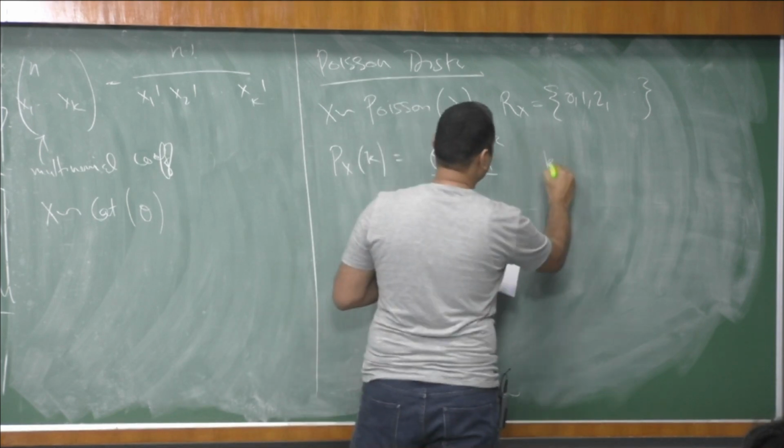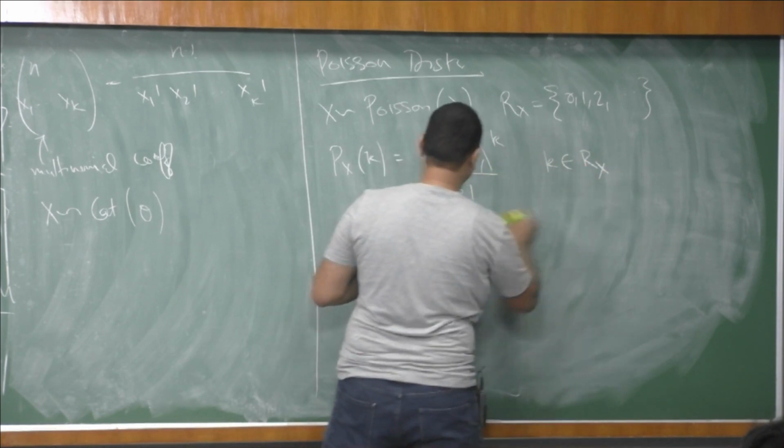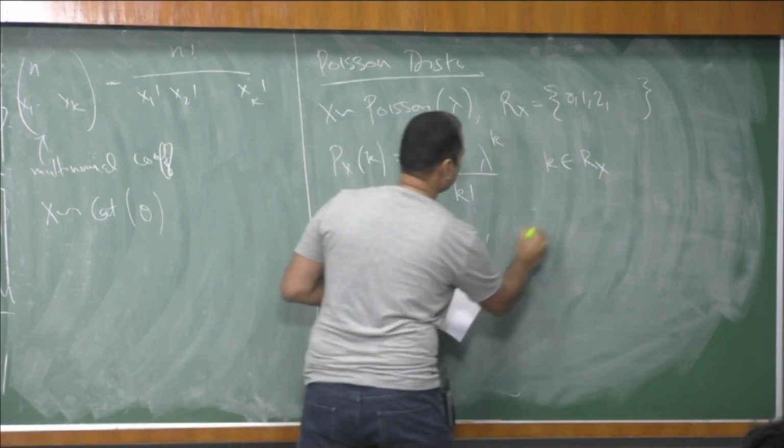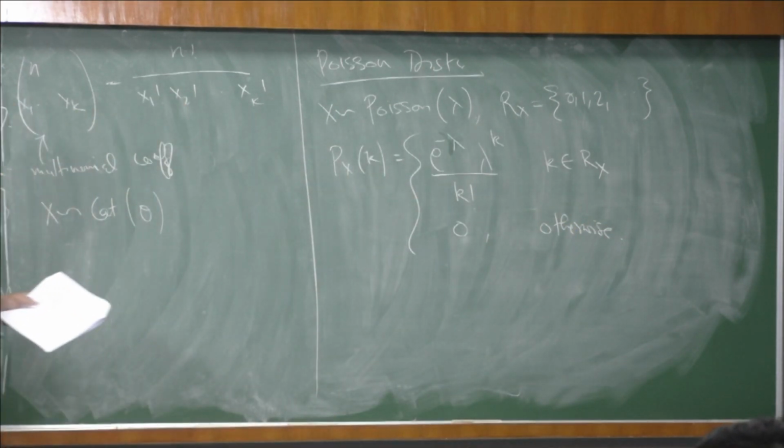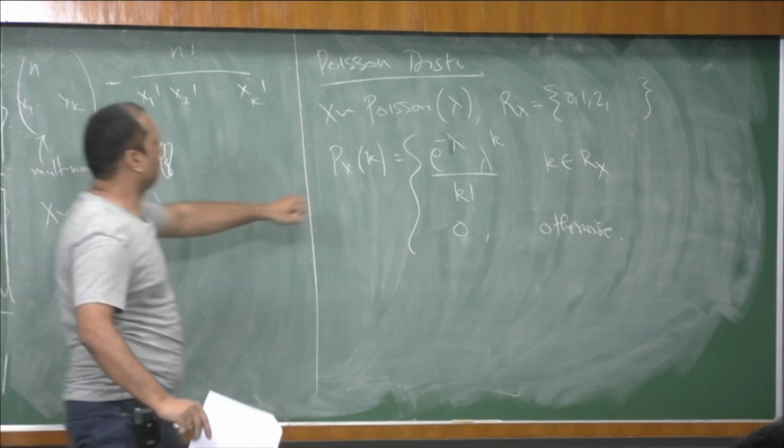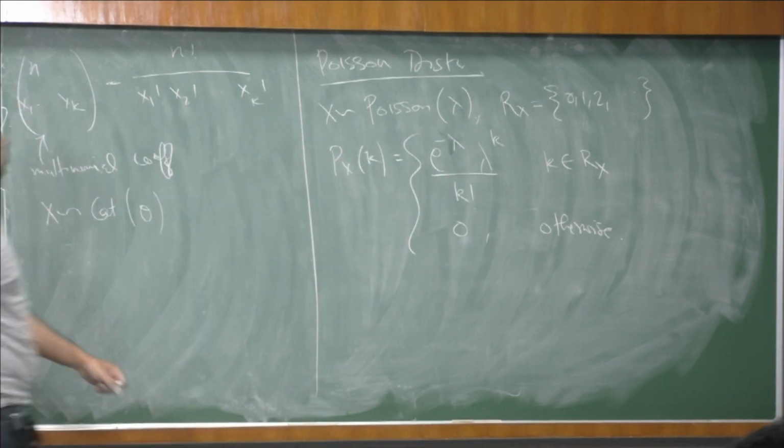Okay, and this is for k in Rx, and for anything else we put 0 otherwise. So this is Poisson: e to the minus lambda, lambda to the k by k factorial, and k is in Rx, and lambda often denotes some average quantity.